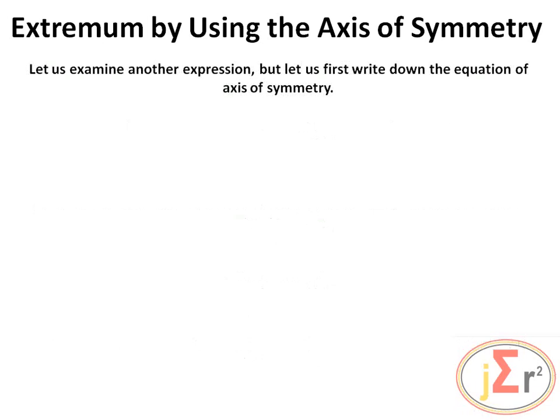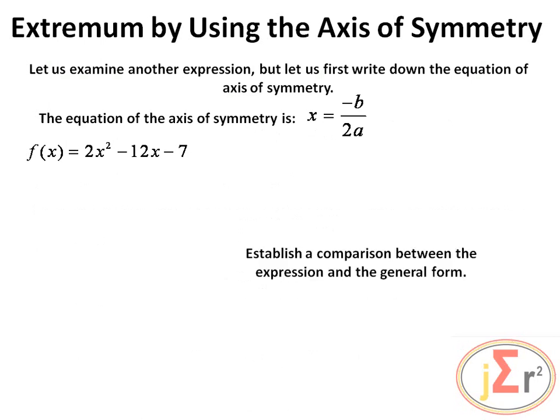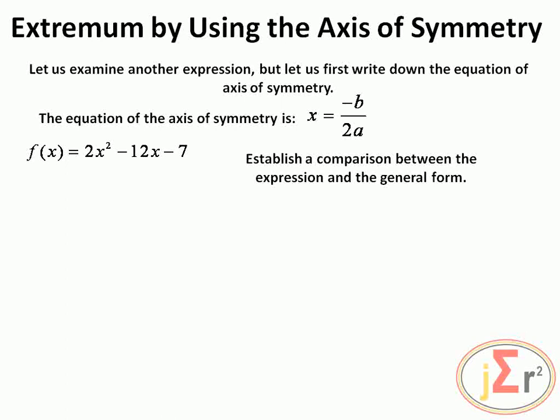Let us continue, and we are going to be looking at another one. Let us write down the equation of the axis of symmetry, and there we have our equation of the parabola. So establish a comparison between the coefficients as usual.